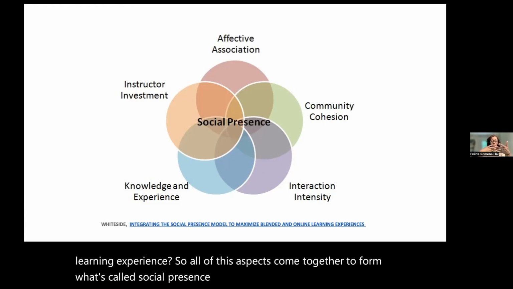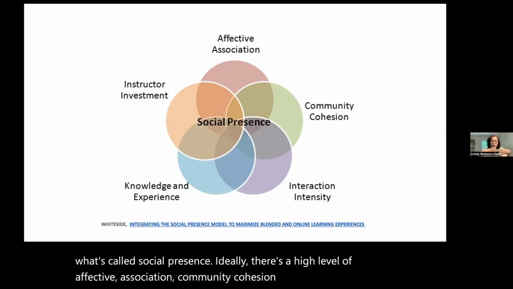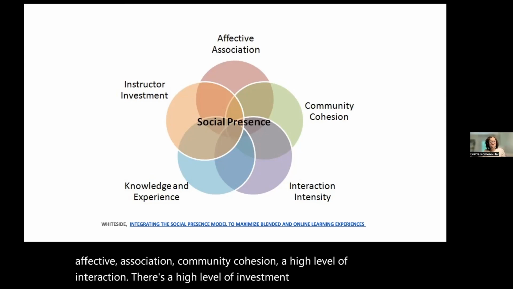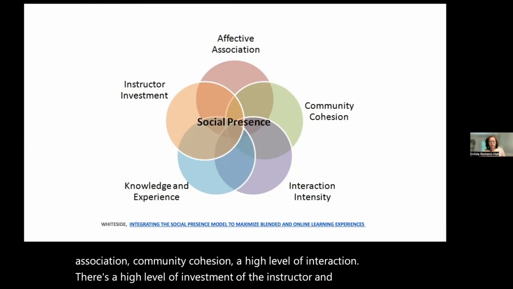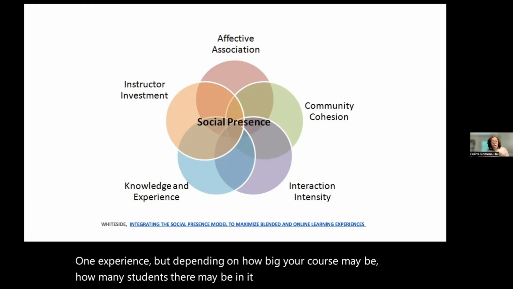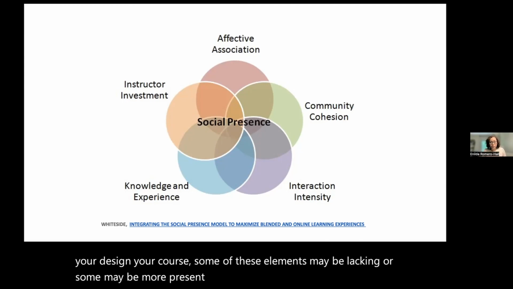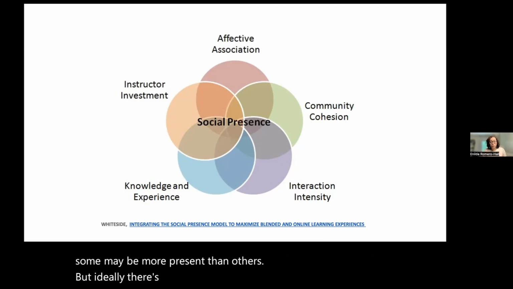Ideally, there's a high level of affective association, community cohesion, a high level of interaction, a high level of investment of the instructor, and knowledge and experience. But depending on how big your course may be, how many students there may be in it, or how you have designed your course, some of these elements may be lacking or some may be more present than others. But ideally, there's a balance between all of them.